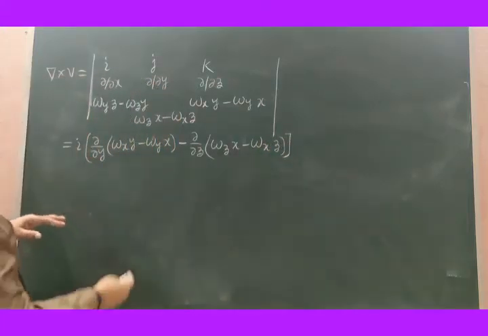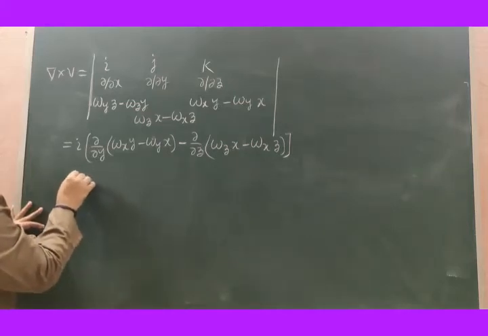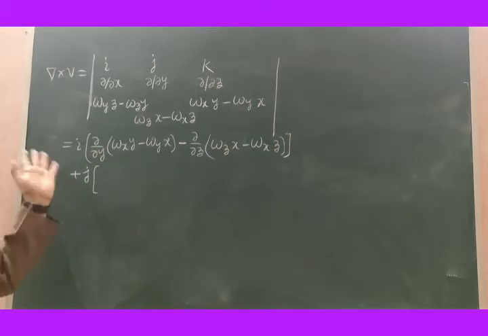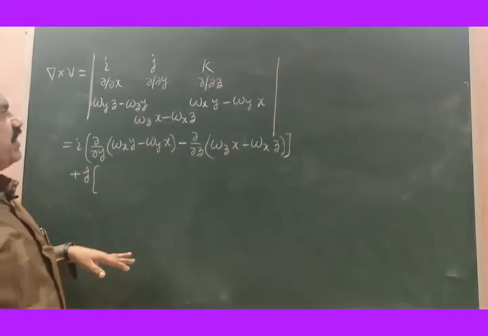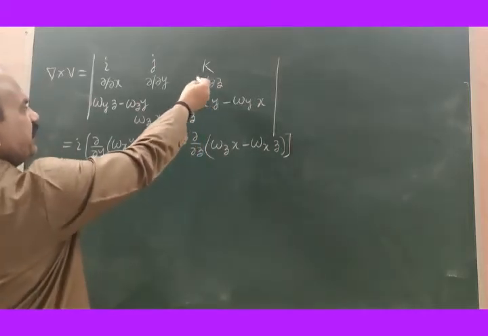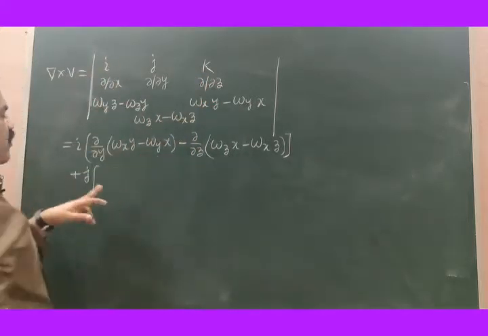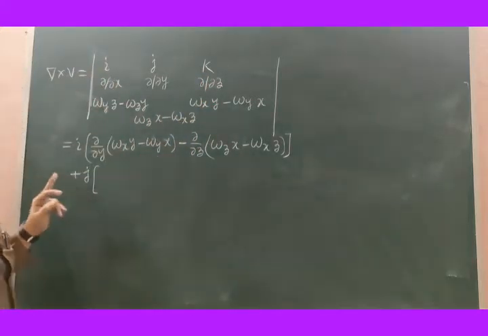First one. Instead of minus j, I am taking plus j, because here now I will reverse the cross product. I will take this cross product minus this cross product. So I am taking plus j here.